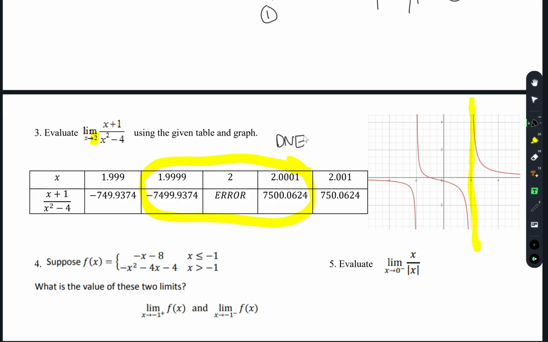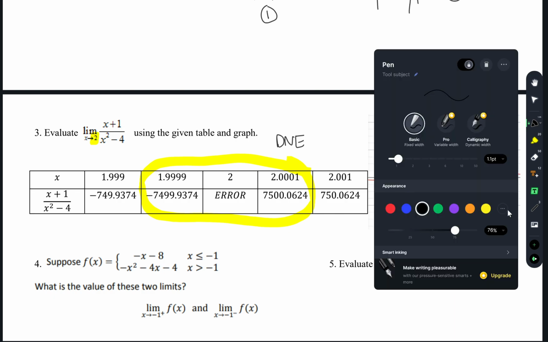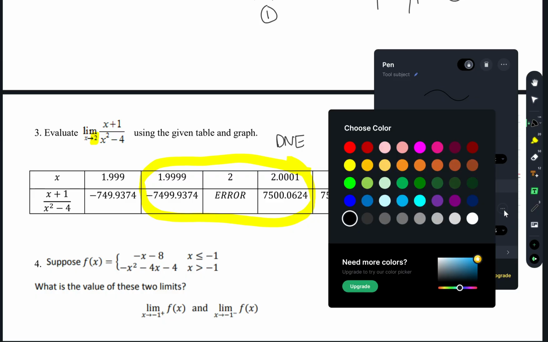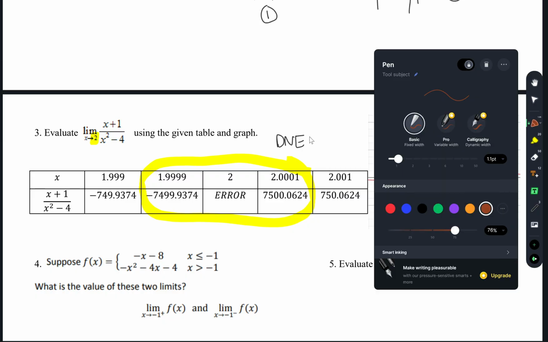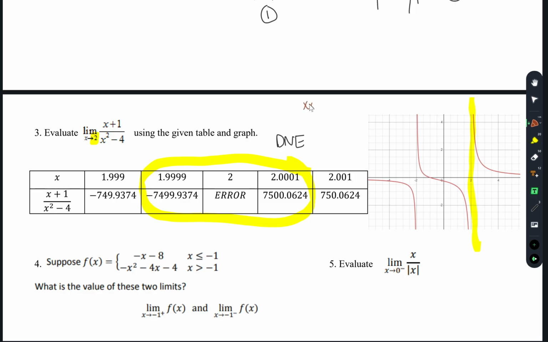I put this one on here because a lot of you are probably pretty good at this one, but people will do, wait, I need my dried blood pen. There we go. Death. People will write the limit as x approaches 2 DNE. That's really bad because the way that looks is like, that's what it looks like.